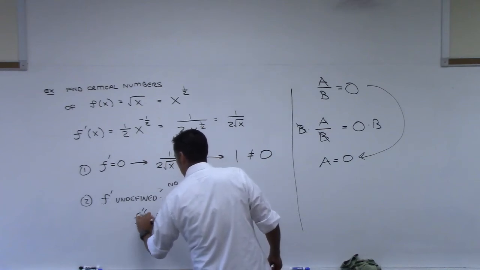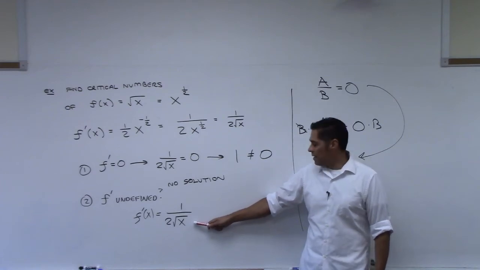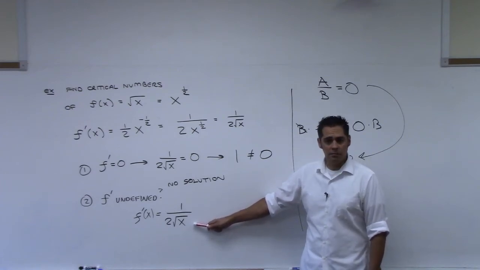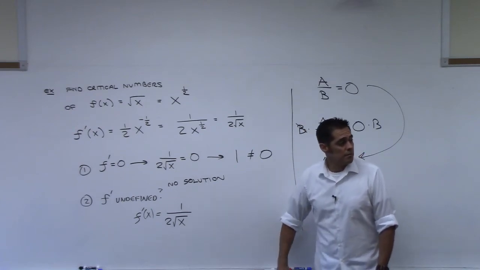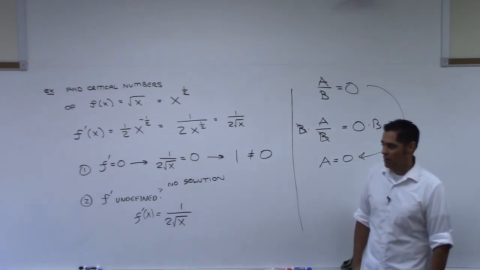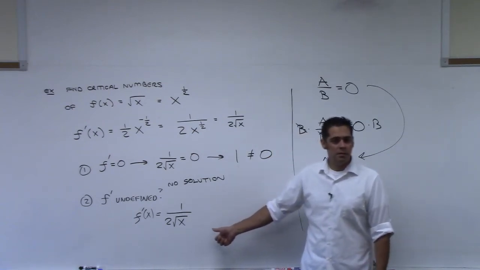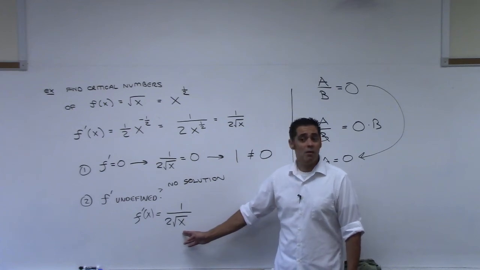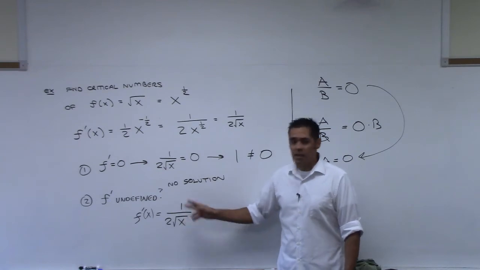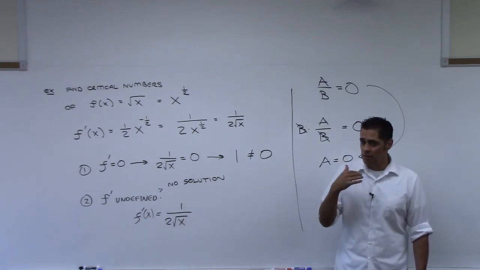Are there any values of x that I cannot plug in here? Give me an example of one number you cannot plug into this. 0, right? Because what happens? You'll get 0 on the bottom and you'll get division by 0. So you can't use 0.